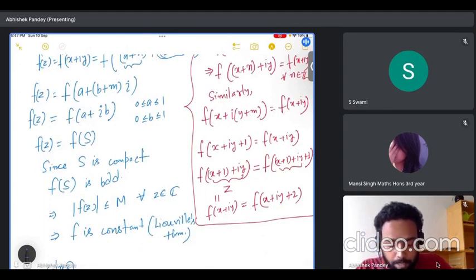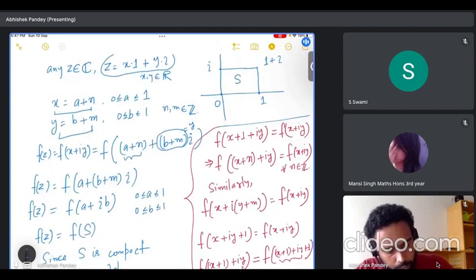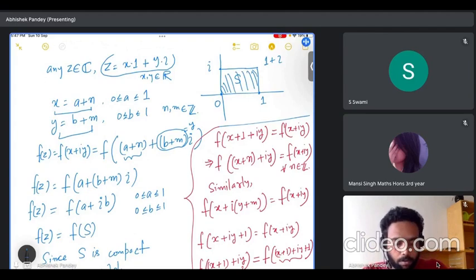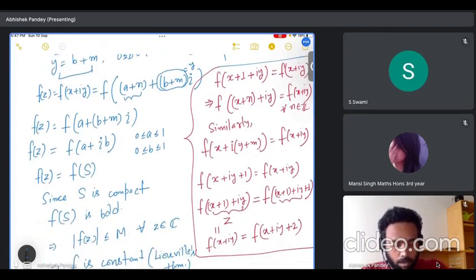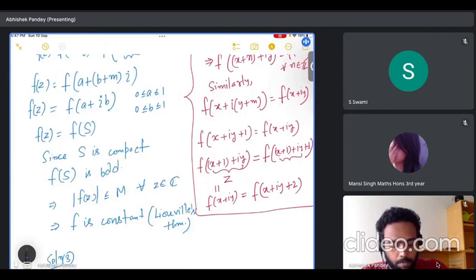So any z, f(z) is nothing but f(a+ib), where a+ib is an element of S, somewhere in this square only. So what we have done is restricted the range of f to S. Now since S is compact, f(S) is bounded, and this follows by Weierstrass theorem. Is it clear?